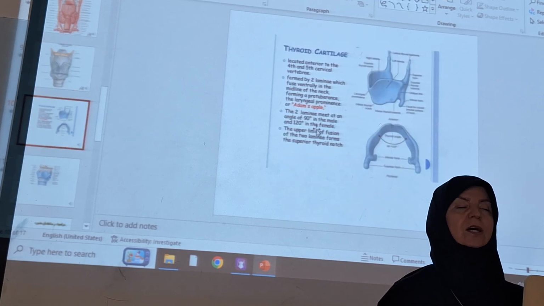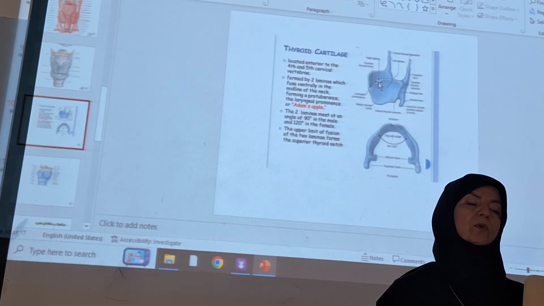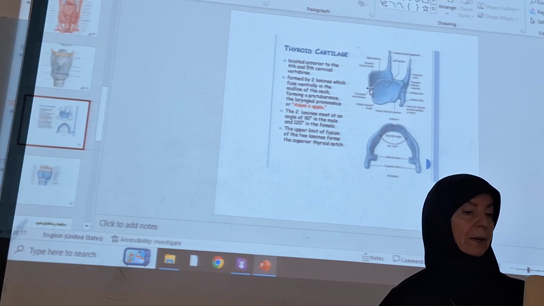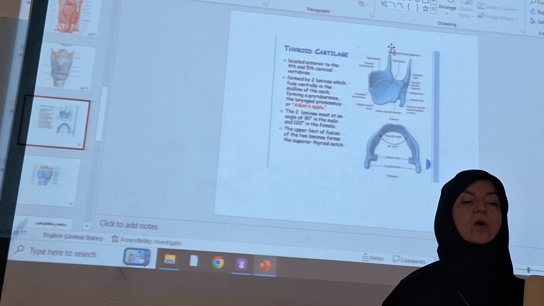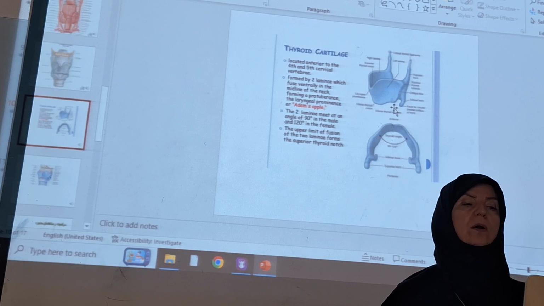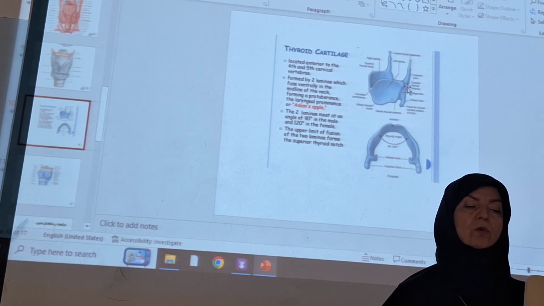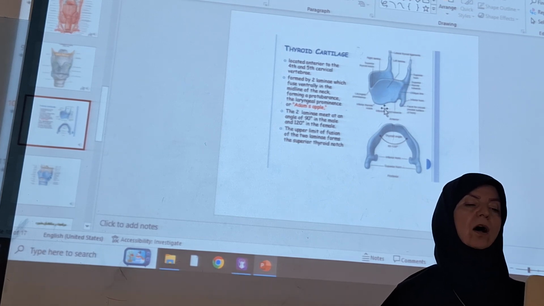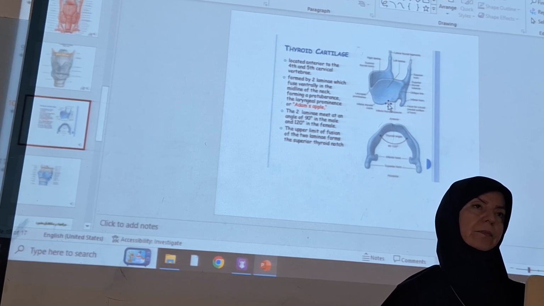Now in this picture, you are going to look at the right and left lamina. What's the name of this laryngeal protuberance? Laryngeal prominence, Adam's apple, superior horn, inferior horn. If you look at the lateral view, at the external surface of each lamina, here I am able to show you an oblique line.